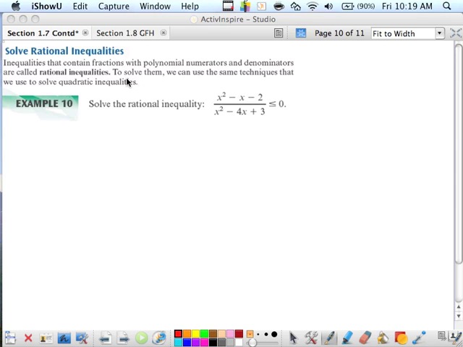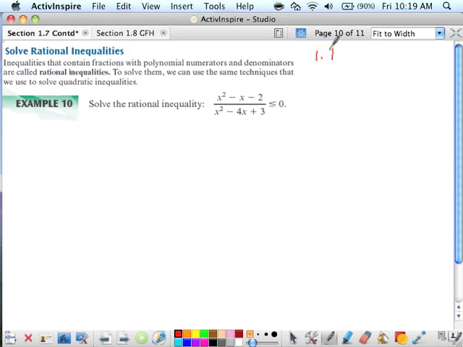So let's just talk through a list of the steps we need to take. The first thing to solve rational inequalities, just like quadratic, we need the right side to be 0. That's our very first thing. The second thing is the place where a lot of people get into trouble.